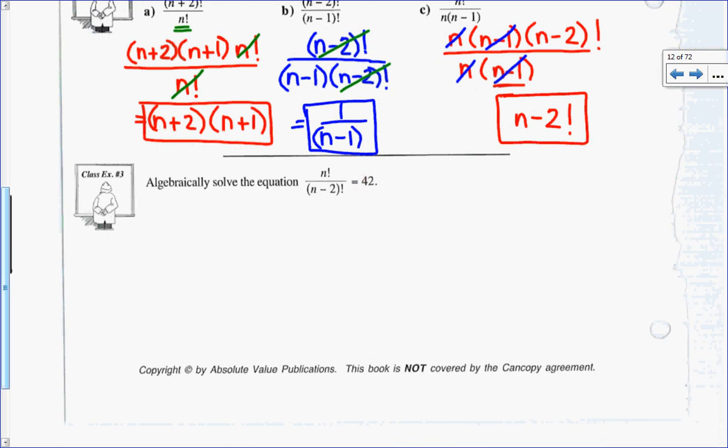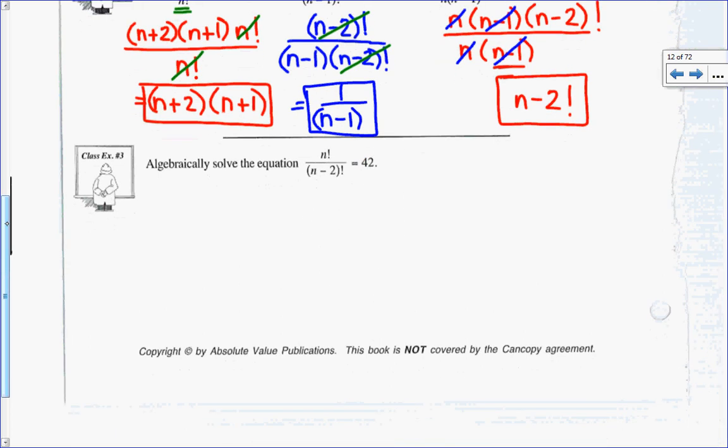But we do it the exact same way. We simplify the expression on the left, whichever is the greater value, until it reaches the same value as the lower value, and then they will cancel out and we'll be left with n equals something.